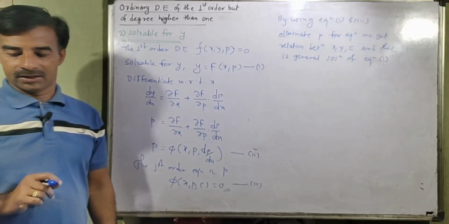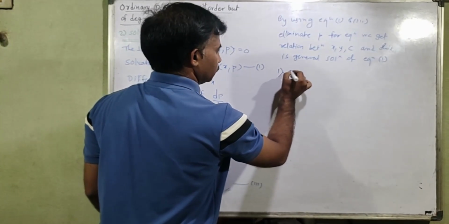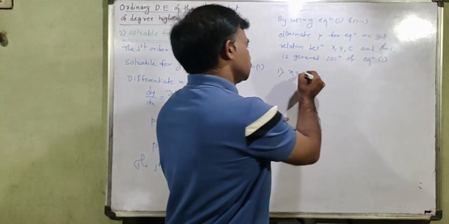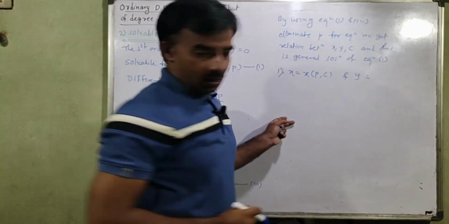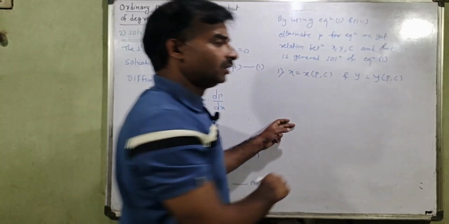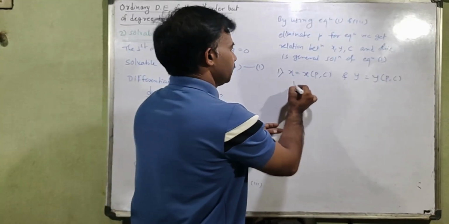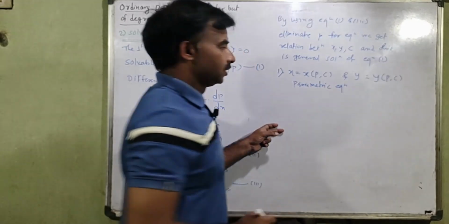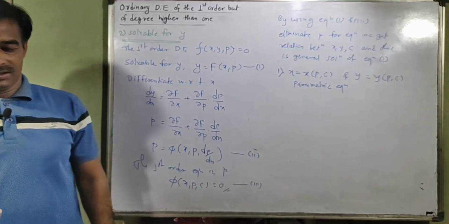At that time we go with a parametric equation: x is equal to x of p, c, and y is equal to y of p, c. These are the two equations, x and y, containing p as the parameter, and therefore it is a parametric equation. Treating p as a parameter, then p is eliminated.